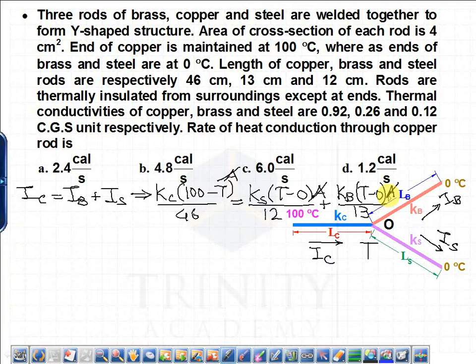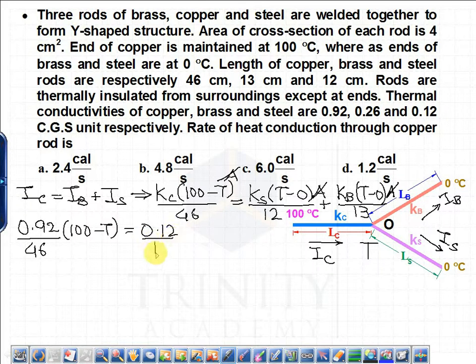Now, thermal conductivity of copper would be written as 0.92 divided by 46 into (100 minus T) must be equal to, for steel, 0.12 by 12 into T plus 0.26 by 13 into T. We can as well cancel out the decimal on both sides.